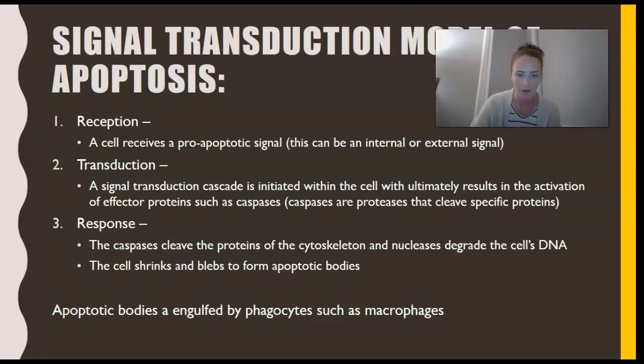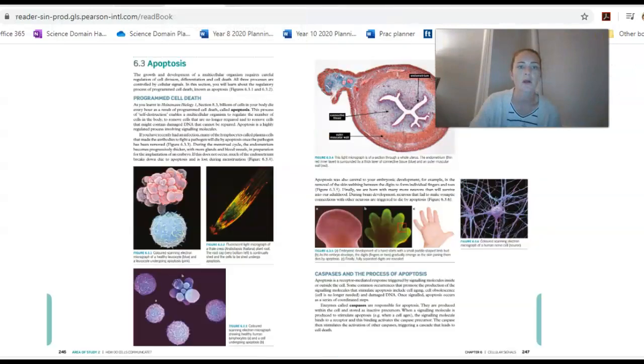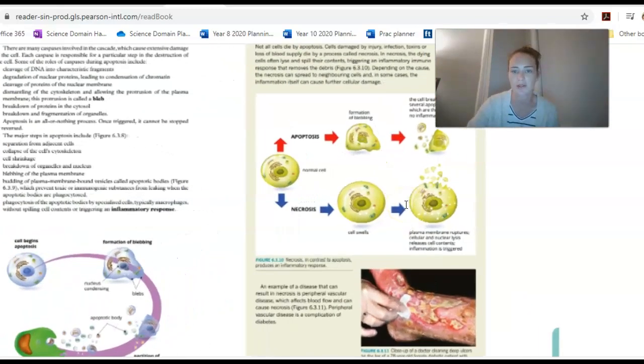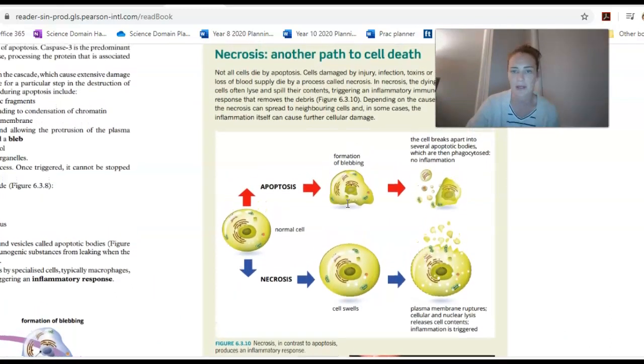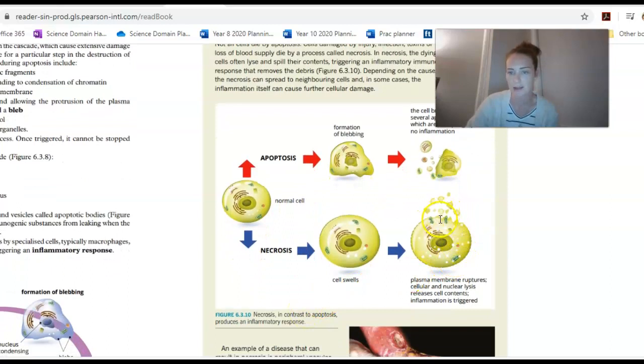And just before I go any further, I'm going to have a look at your textbook to get a little bit of an appreciation of that difference between apoptosis and necrosis. So where we see necrosis discussed here, you can see that comparison between apoptosis and necrosis. So where we're getting that nice packaged product of apoptotic bodies, which can be gotten rid of very quickly and easily by our phagocytes. Necrosis, in contrast, the cell actually ruptures.